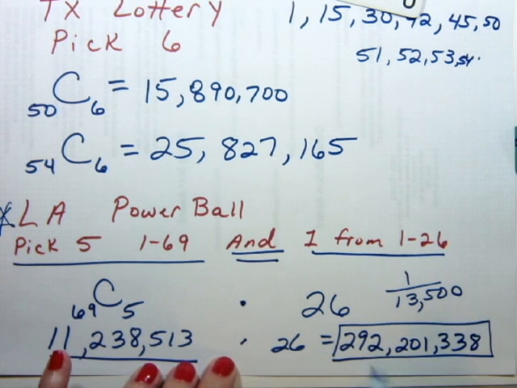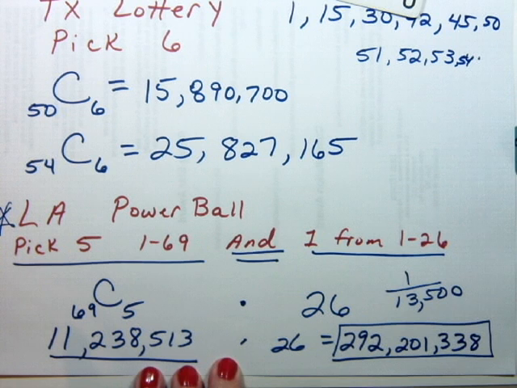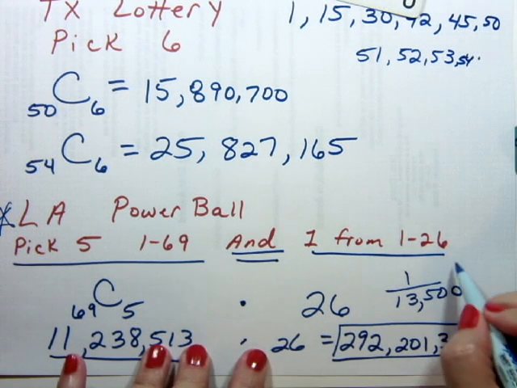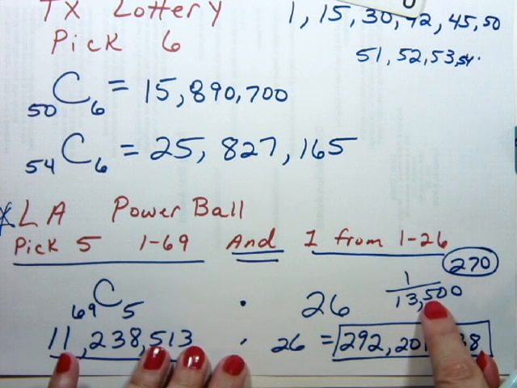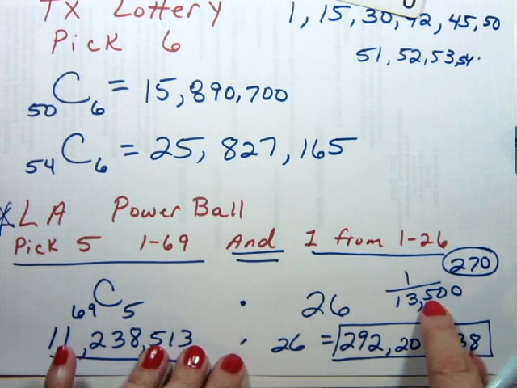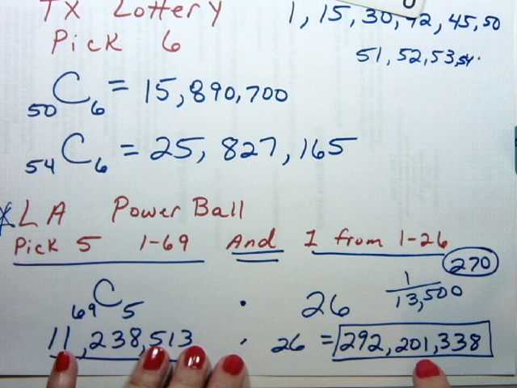When you divide that by 13,500, you're going to see that you are 270 times more likely to be struck by lightning in your lifetime than you are to win the lottery in Louisiana if you buy a ticket.